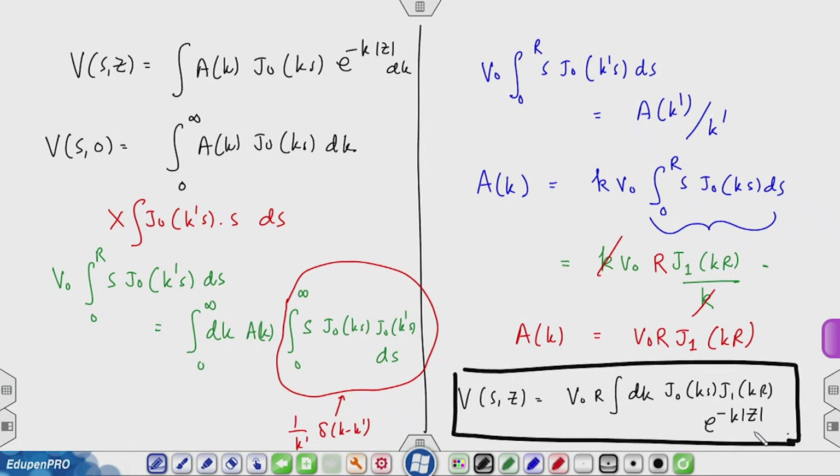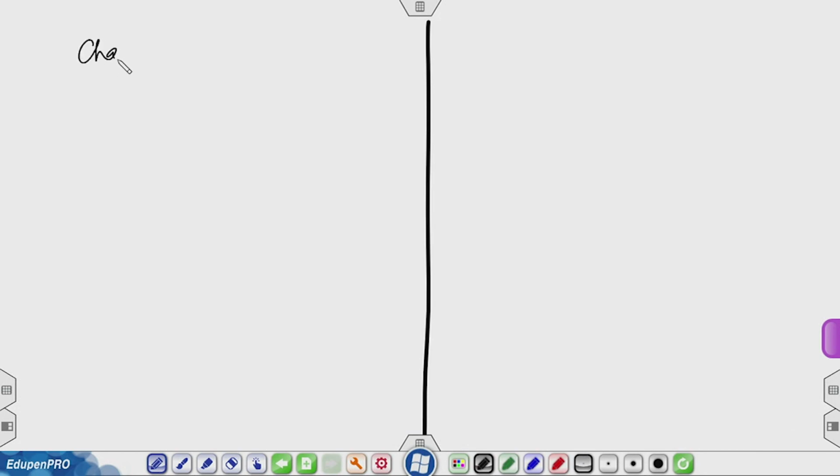From this, if you want to find the charge density on the disk, it will be difference of E on the two sides.